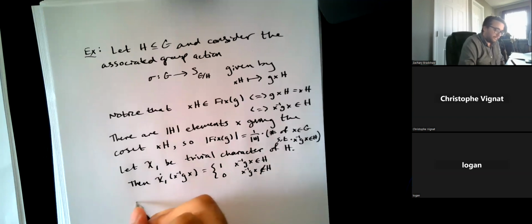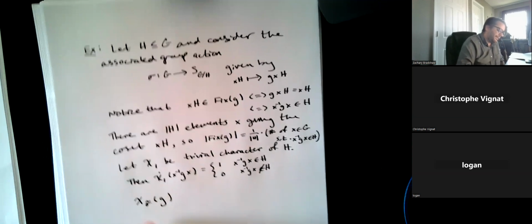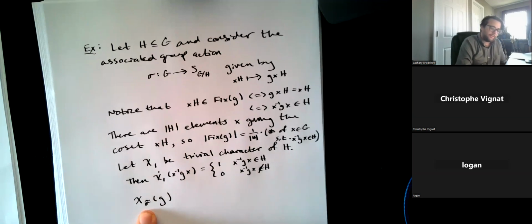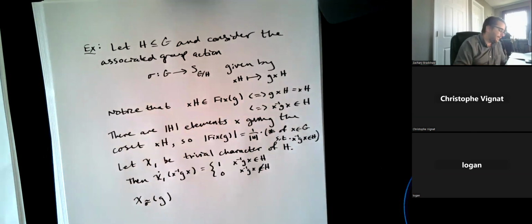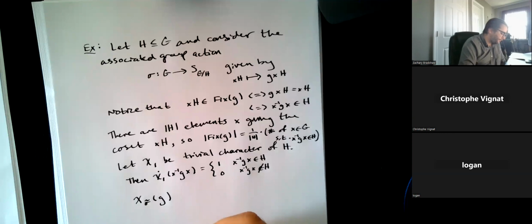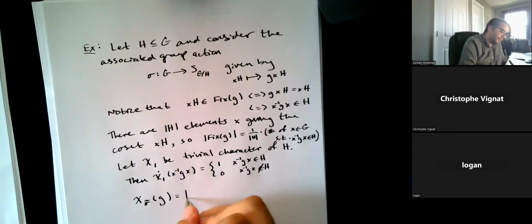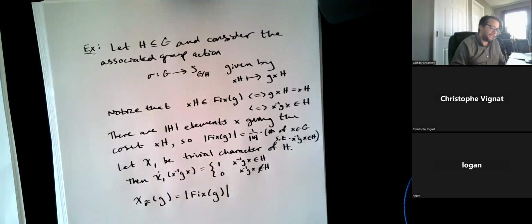And so chi sigma tilde of g, the character of the permutation representation induced by this group action, is the order of the fixed set, as we showed for the regular representation. That's why we're talking about this.